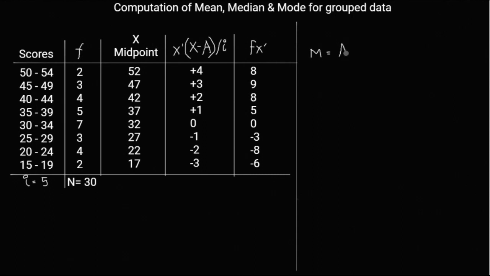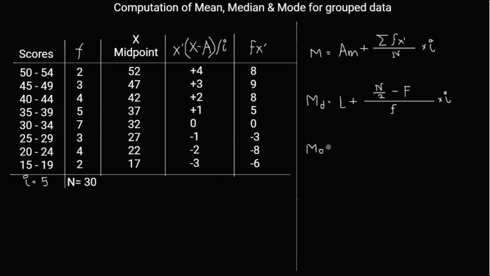Mean: assumed mean plus summation fx dash by n into I. Median: L plus (n by 2 minus capital F) by small f into I. And mode: 3 into median minus 2 into mean.